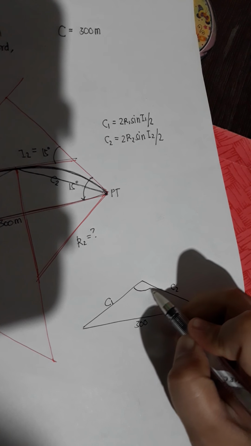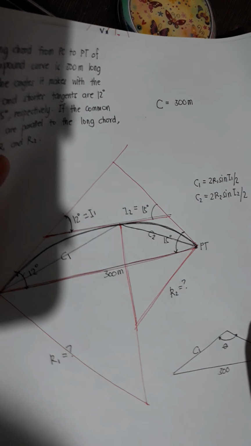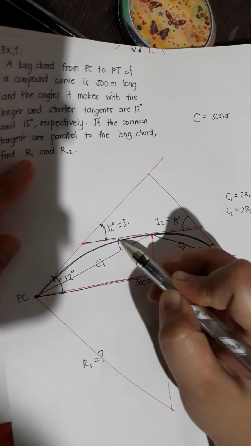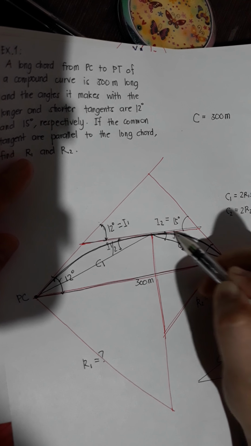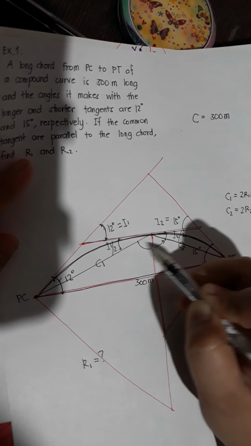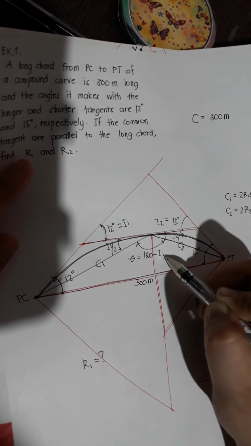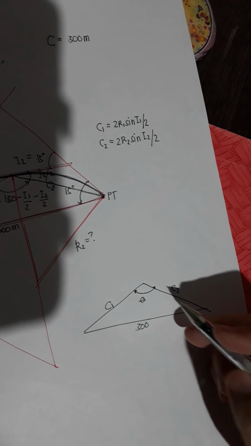Okay, we know that this angle here, as I have mentioned, is I1 over 2, and this is also I2 over 2. Then therefore, theta is equal to 180 minus I1 over 2 minus I2 over 2.